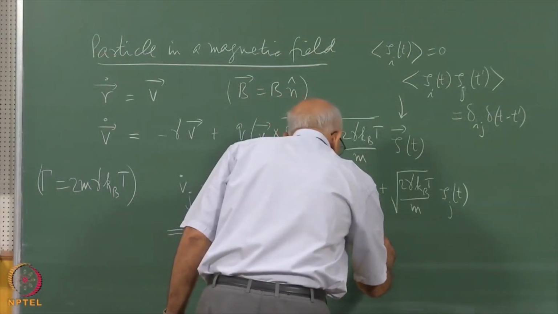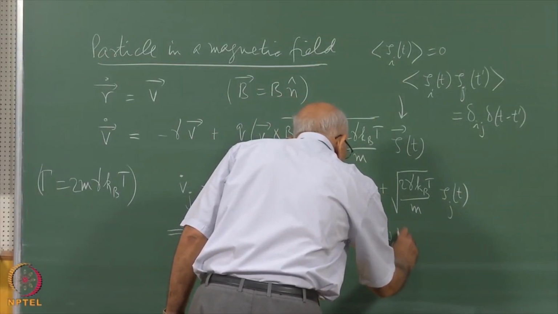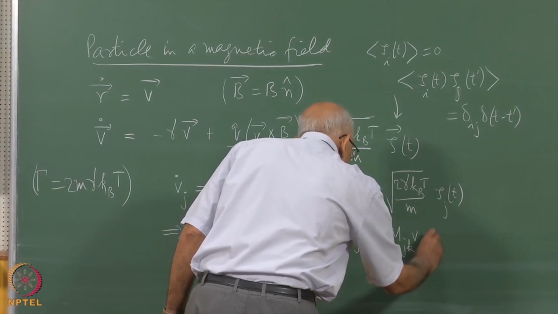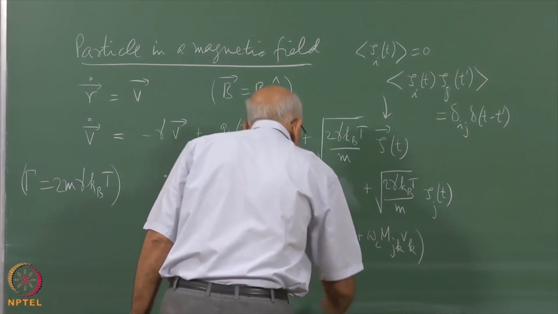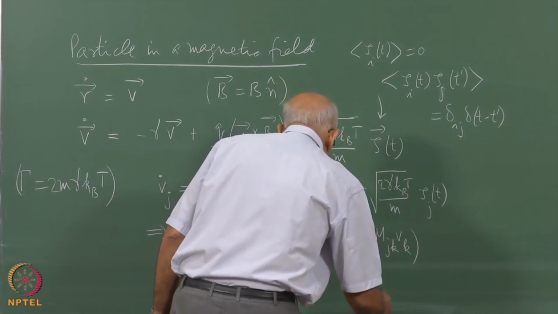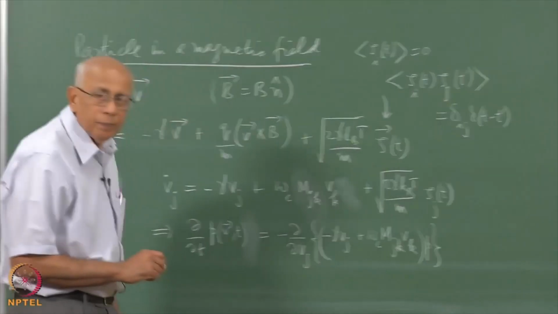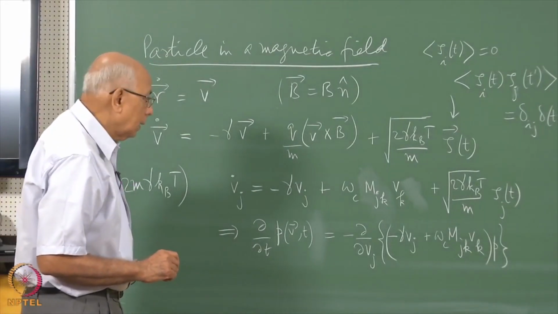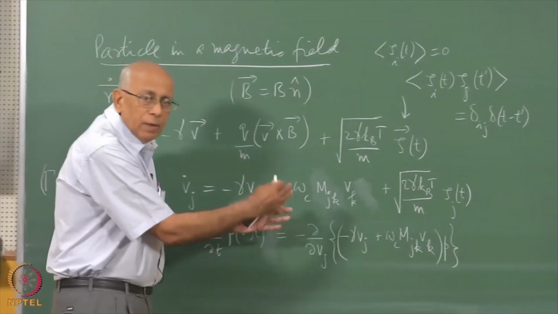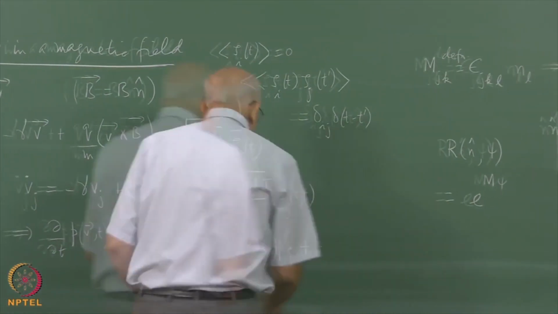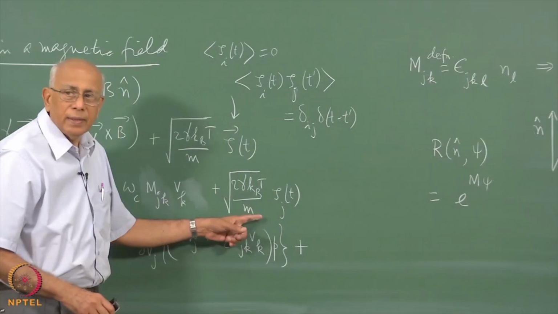plus omega c m jk vk, this fellow on P. Okay. So that takes care of the drift part, and then plus, what should I write here?